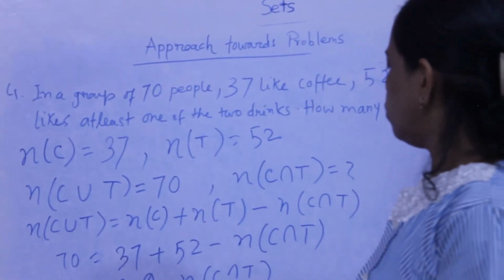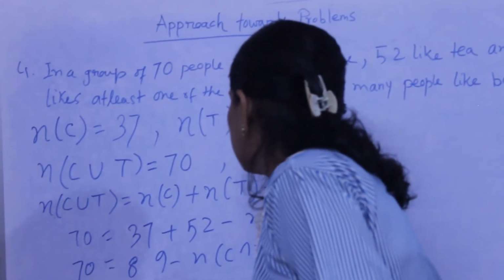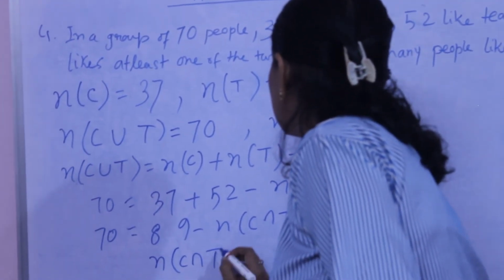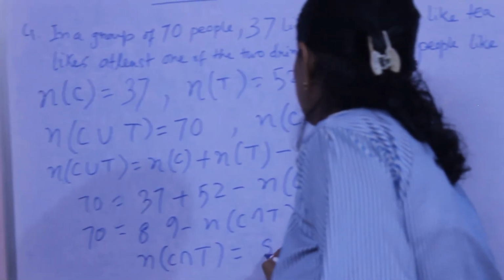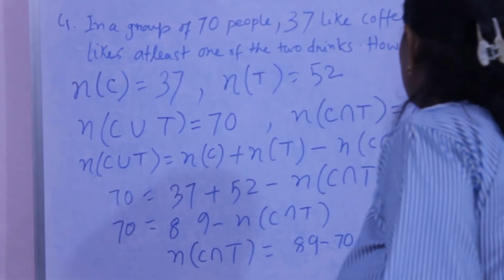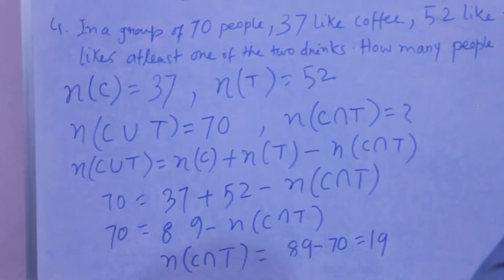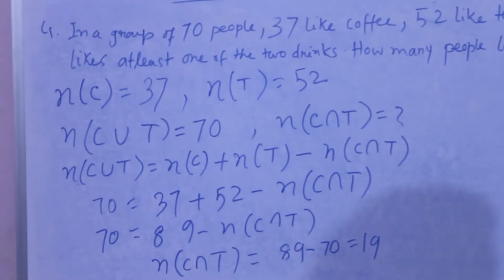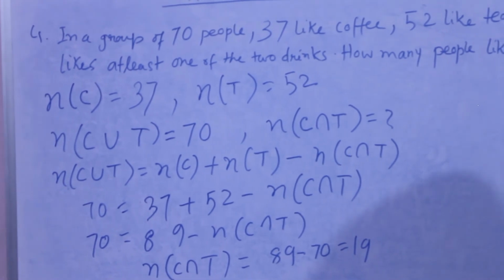Evaluating the value of n(C intersection T), we will get the result 89 minus 70, that is 19. So 19 people like both coffee and tea.